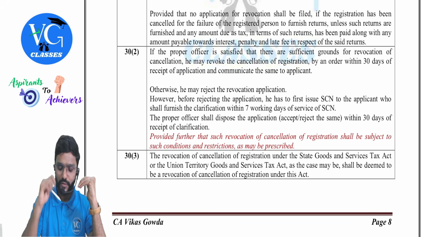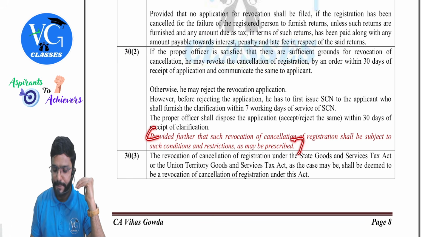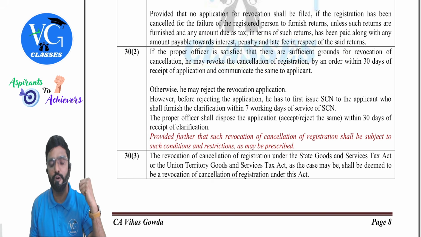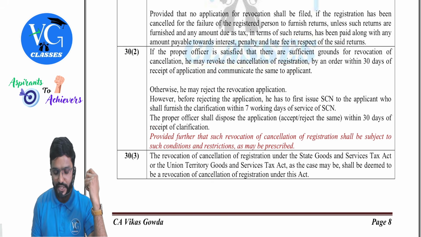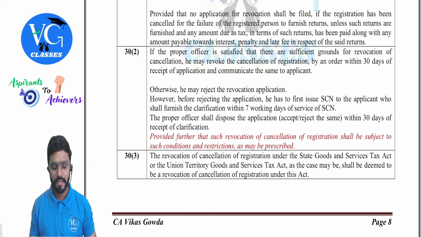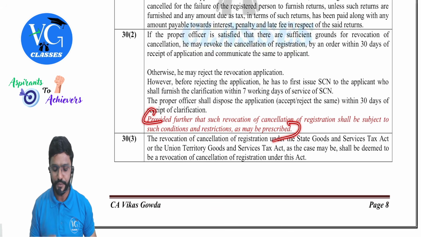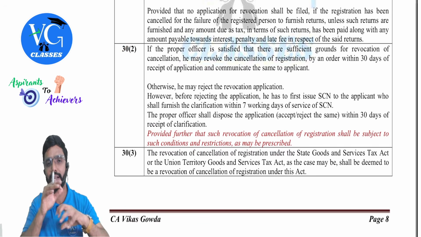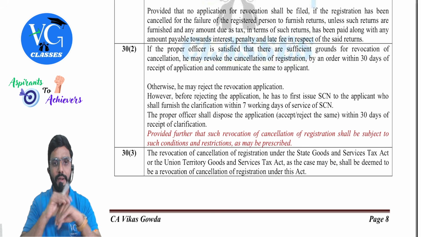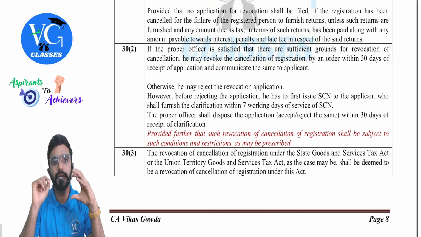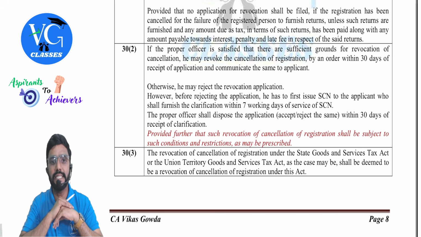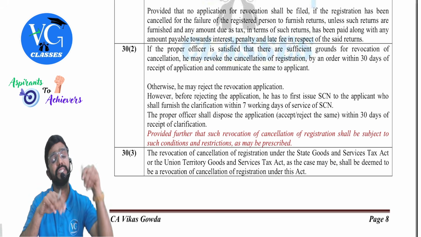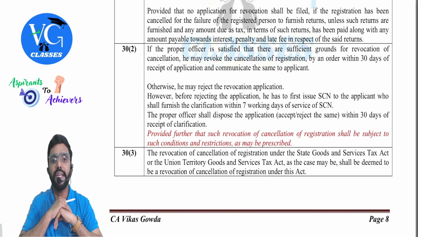Yes. Now there is one new proviso added here, giving the power to the government to add any conditions or restrictions. What is it? Instead of straight away studying the proviso, we will read the entire section 30 subsection 2 and read the proviso at the end. I repeat, guys. Whenever the registration under GST is cancelled of a registered person as per section 29, section 29 of the CGST Act talks about cancellation.